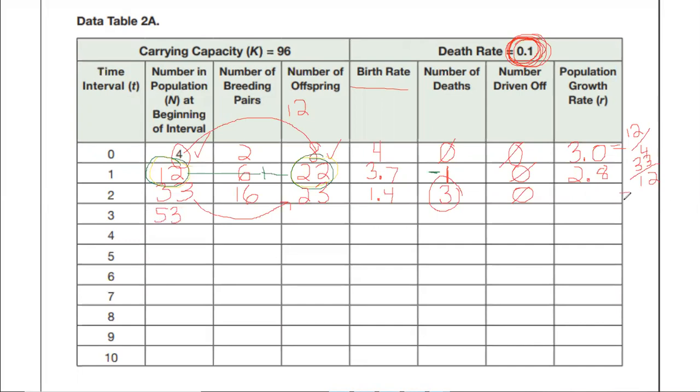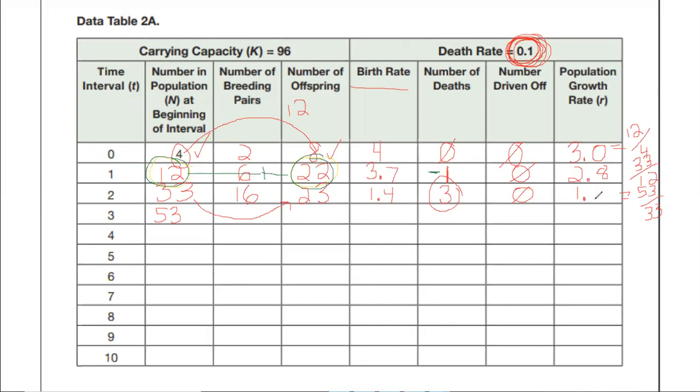And to calculate my population growth rate from before, I'm going to take that 53 and divide by 33. And that should give me a 1.6.